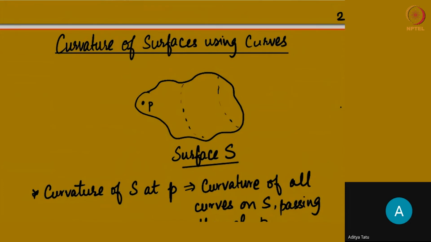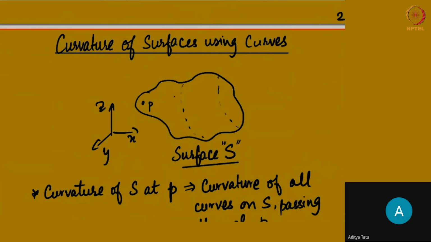Let's say this is a surface in 3D, X, Y, and Z. Let's take any arbitrary point P on this surface that I am denoting with capital S. Now, as you can see, I can draw several curves on this surface.